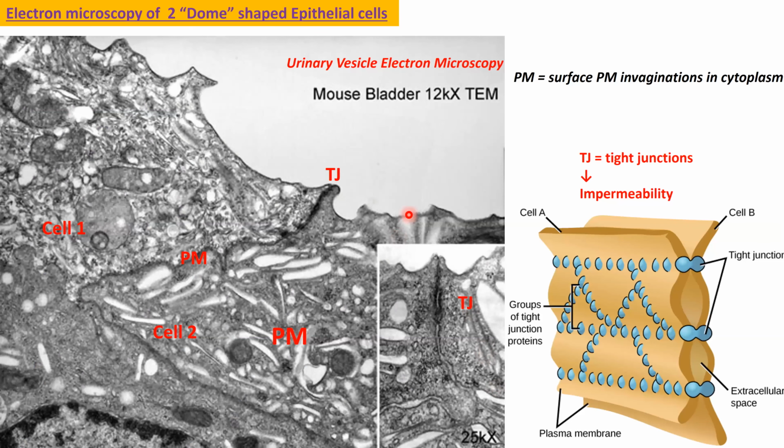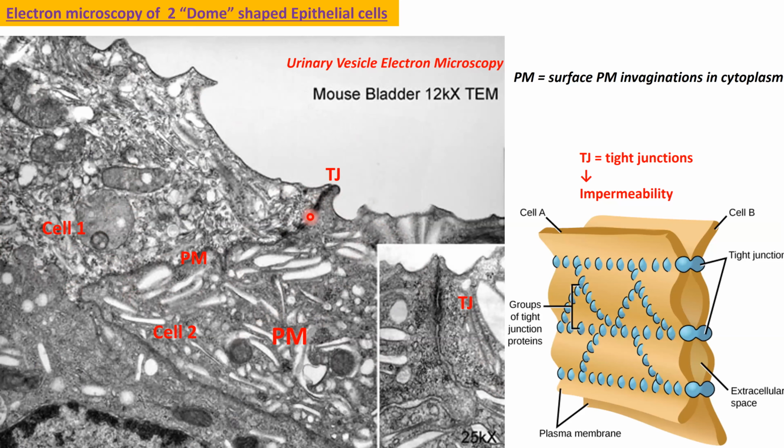Okay, now this image is electron microscopy of 2 transitional epithelial cells. So this would be cell 1, like this. It's hard to see where it ends, but this is cell 2.